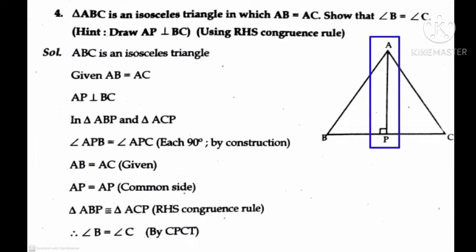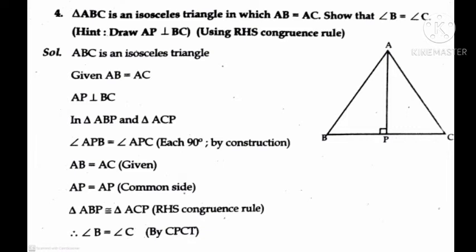In triangle APB and triangle ACP, angle APB is equal to angle APC is equal to 90 degrees according to construction. AB equal to AC, it is given in the problem. AP equal to AP, common side of both triangles.